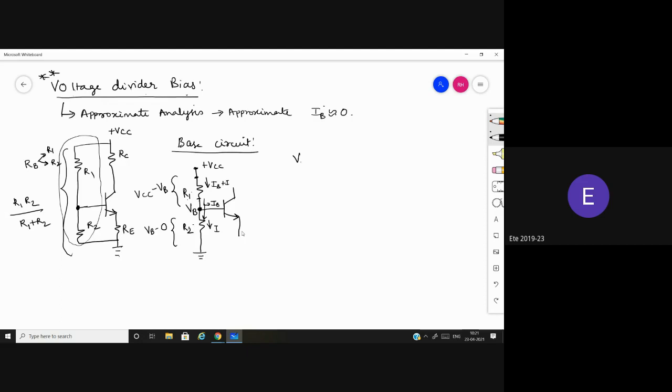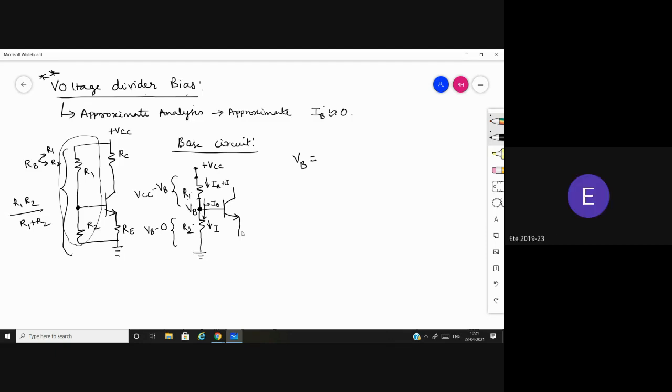What will be the general formula when you apply it? The total voltage into the resistor divided by the sum of the resistors.